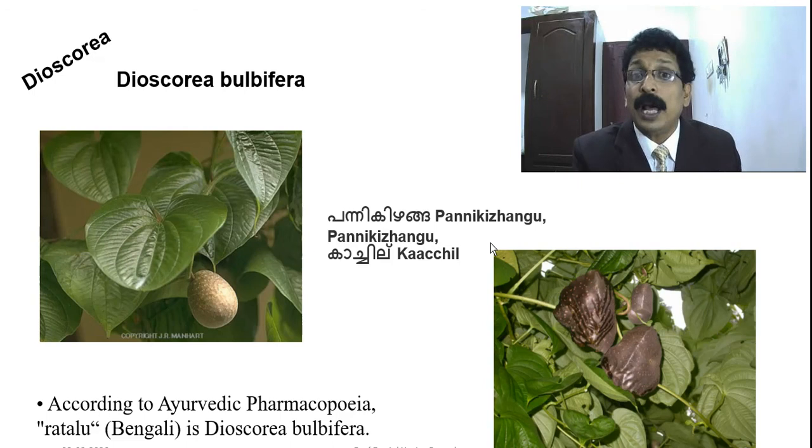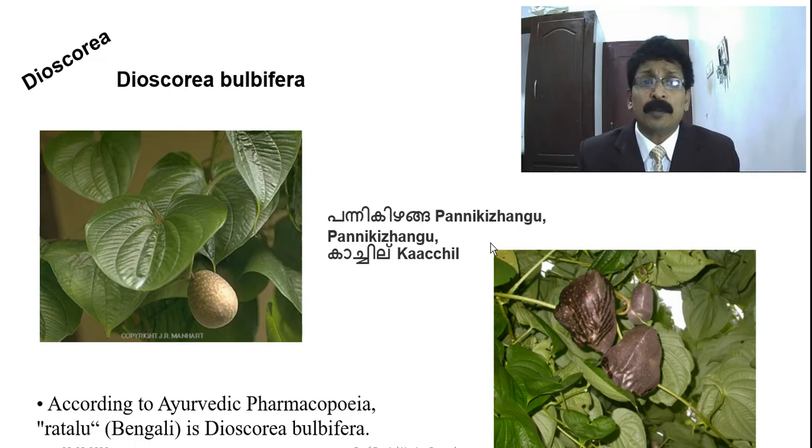You can download it and take a photograph of the plant, and within a few seconds you can know, they will show the matching picture and say this is the botanical source and this is the family, so it can be easily identified. It will be interesting for you to know. And usage and chemical constituents can also be seen.